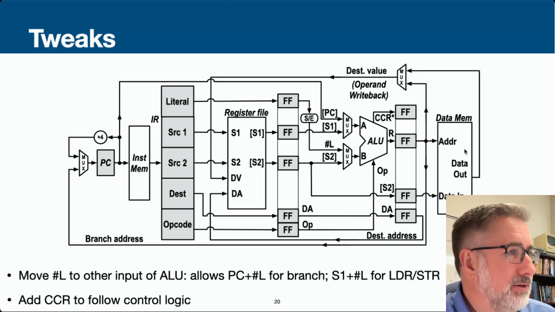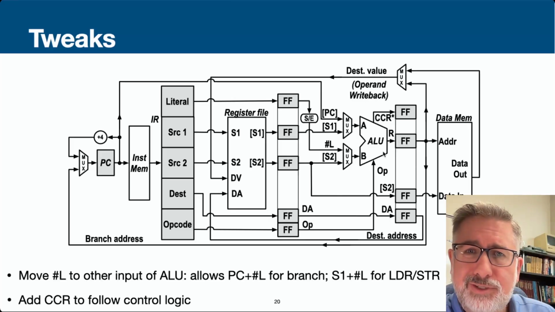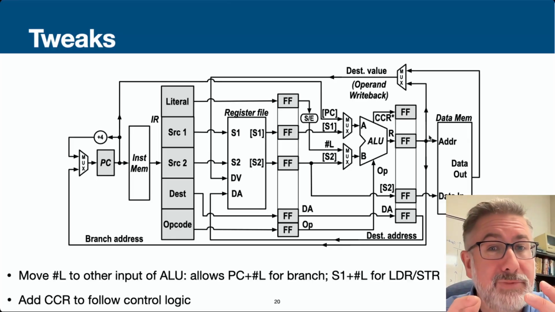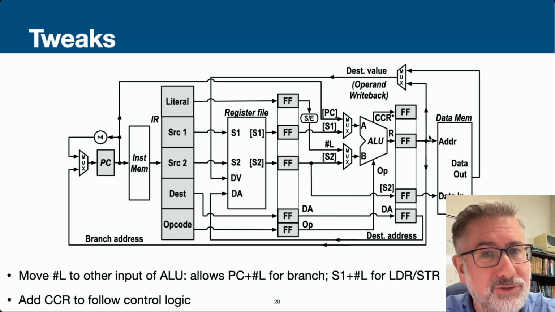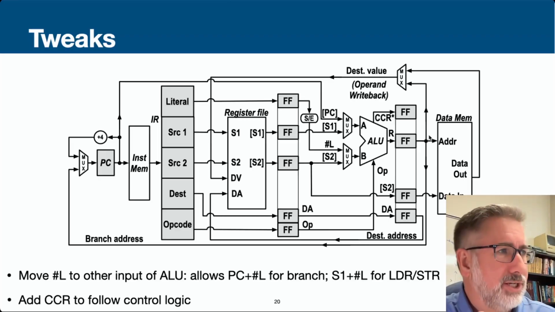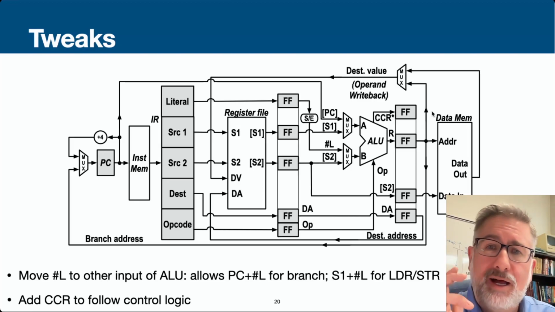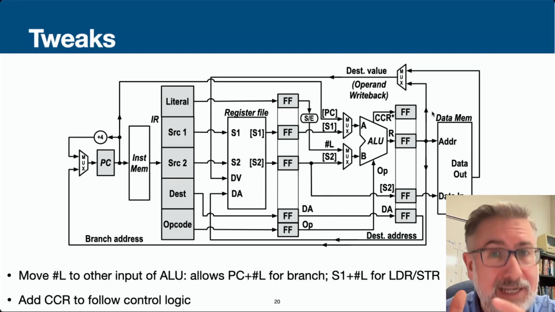The other thing we add here is a condition code register. Well, this is a register that stores information about the result of the ALU as opposed to the result itself, right? This R value is the result of the ALU, but this CCR, the condition code register, allows us to collect and then move along information about that result, right?